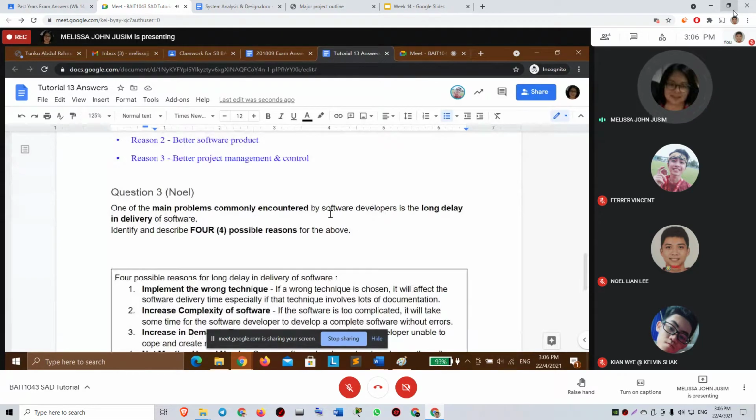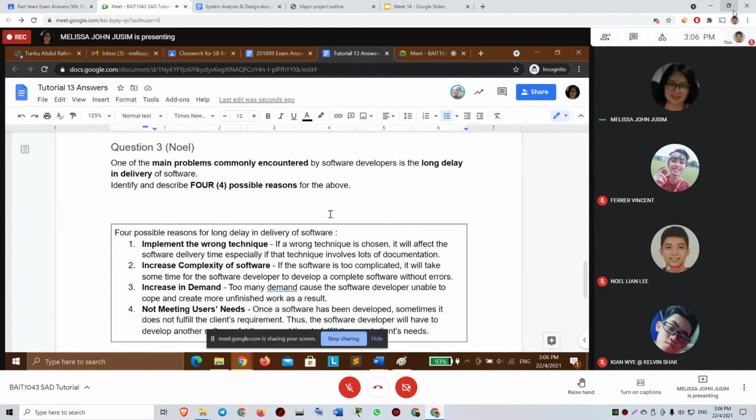Question number 3. One of the main problems commonly encountered by software developers is the long delay in delivery of the software. Identify and describe 4 possible reasons for that.